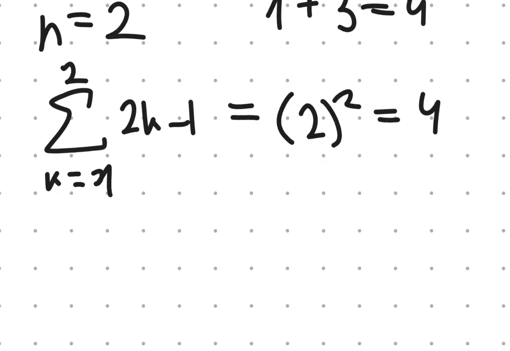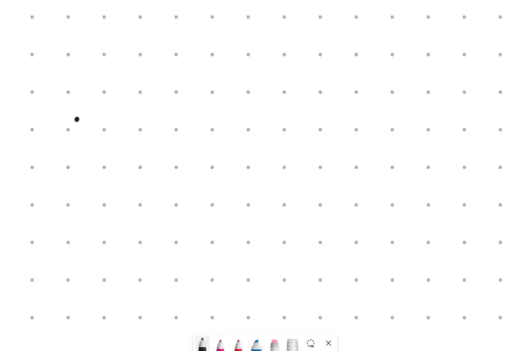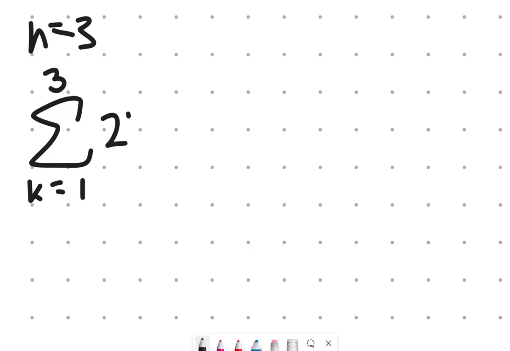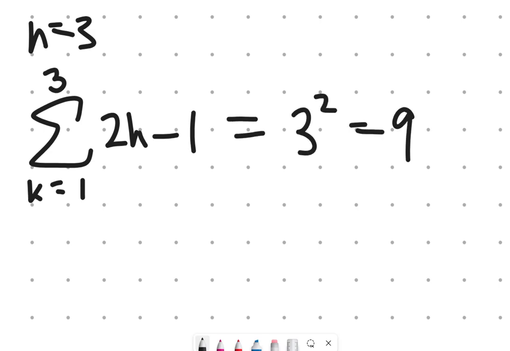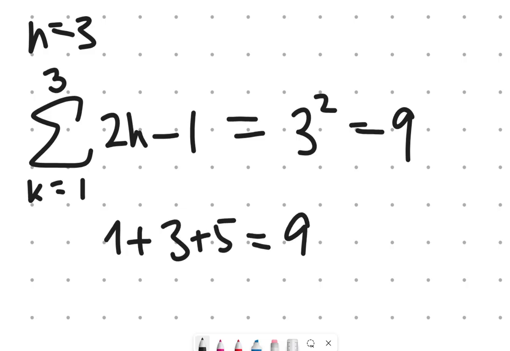So we can try this for many other values. Let k go from 1 to 3, so n is equal to 3. So this should be equal to 3 squared, or 9. Let's just check it. 1 plus 3 plus 5, which is 9. Okay. So we want to prove it by using something called induction.